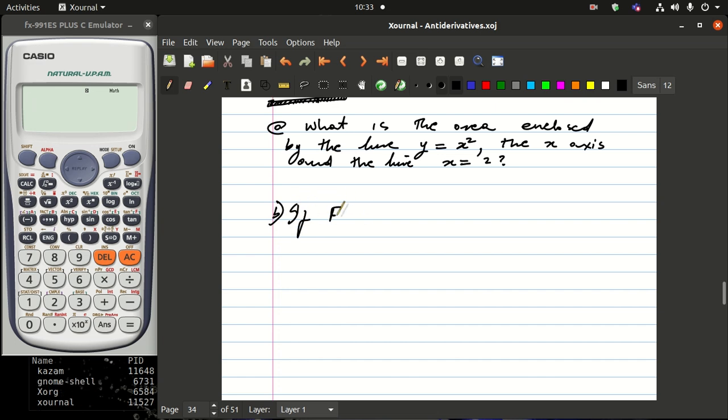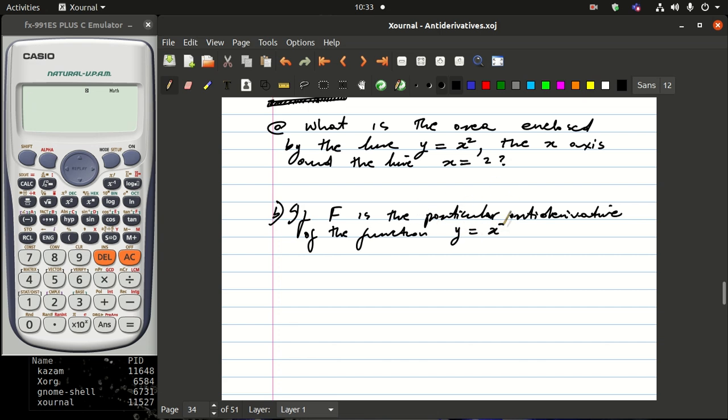If f is the particular antiderivative of the function y is equal to x squared, evaluate f of 2 minus f of 0.